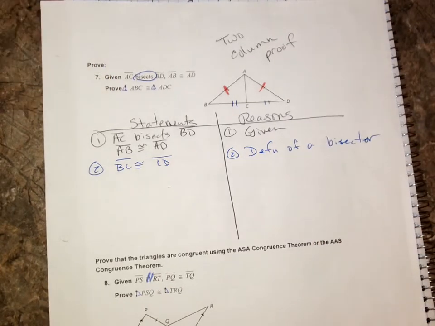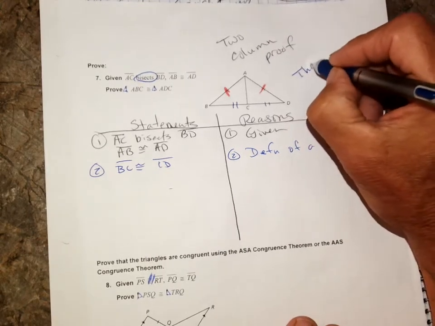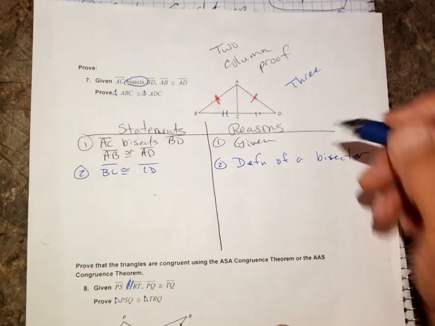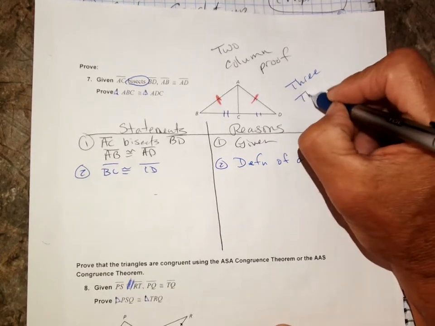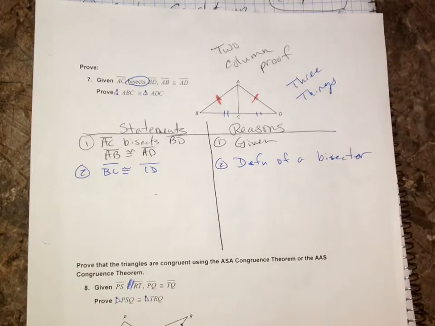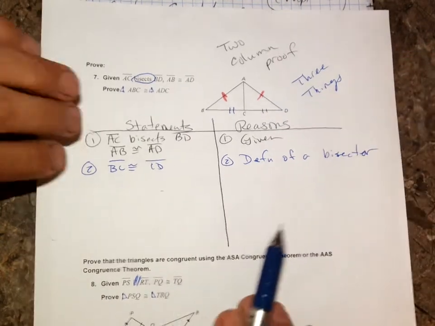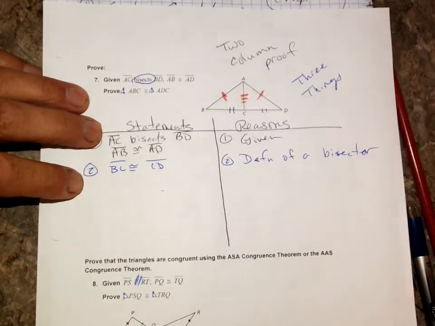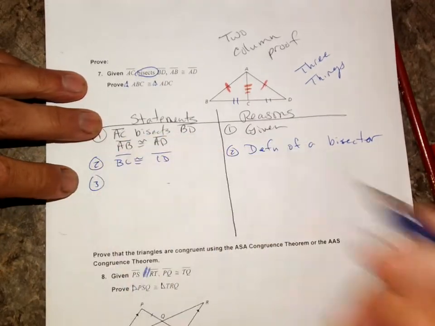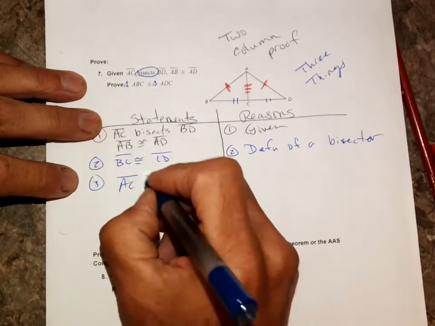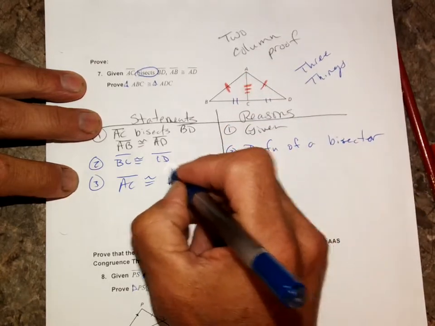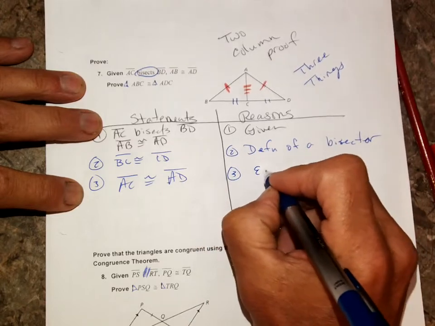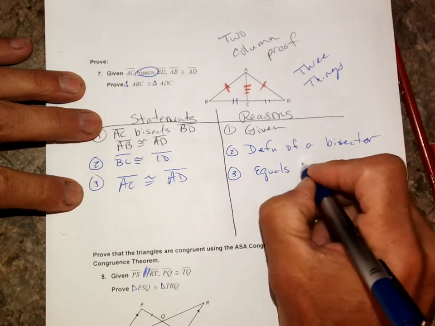Now, I need 3 things. You always need 3 things. Well, I don't call it 3 things. We need 3 sides or angles to be equal. So let's just say 3 things. I'm looking for a third thing. Well, what I notice is that they both share AC, right? So the third thing I'm going to say is step 3: AC is congruent to AC, and that's just because a line segment equals itself.